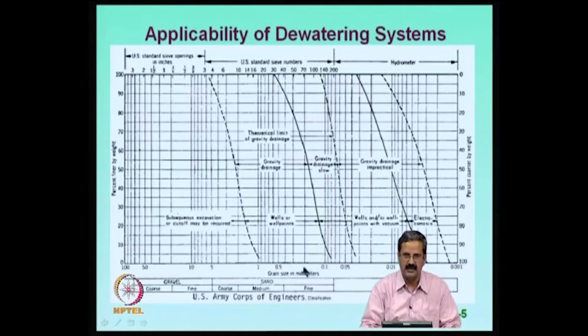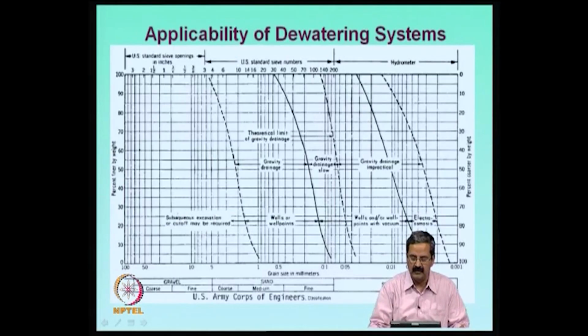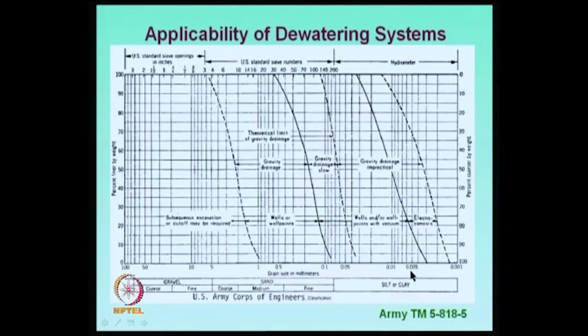Depending on the grain size distribution characteristics, one can have these systems. Like, for example, if you have a very fine material, you will have electroosmosis, which we will discuss in a short while. And also if you have the grain size distribution in, for example, the 0.01 to 0.06 or 0.7 range, one can go for gravity drainage, where you just go to the lowest point and start withdrawing water.